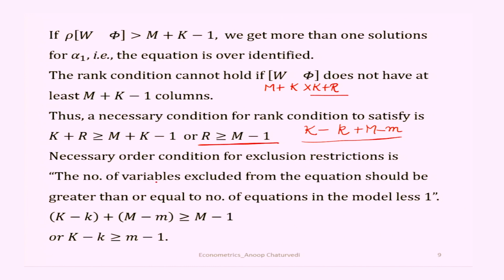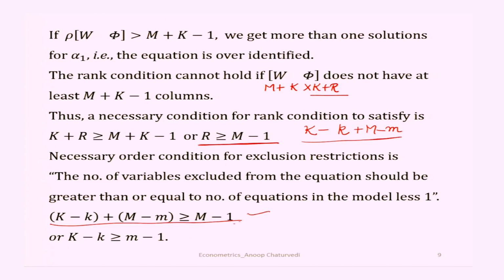So, the number of variables excluded from the equation should be greater than or equal to the number of equations in the model less 1, that is capital K minus small k plus capital M minus small m greater than or equal to m minus 1. Because in this case capital R is equal to capital K minus small k plus capital M minus small m. So, you have this condition, or capital K minus small k is greater than or equal to small m minus 1.